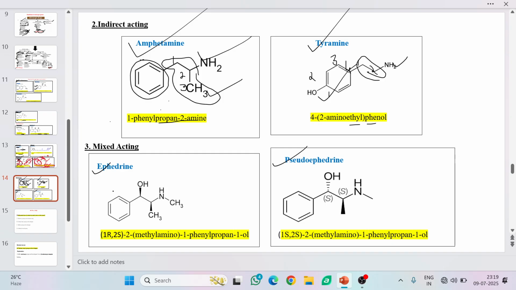See the structure, it contains alpha carbon substitution, beta carbon substitution, then N substitution, there is one methyl at this substitution. Okay. Then pseudoephedrine, it also contains the same. Here one CH3 is present at this free terminal. So here also one CH3 is there.